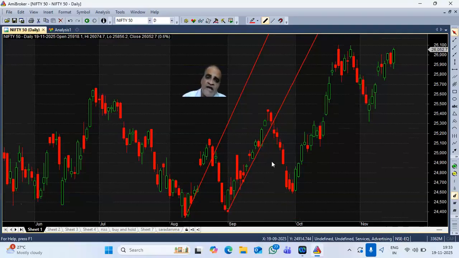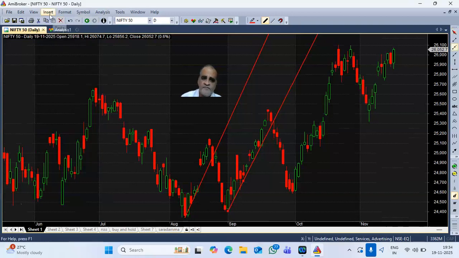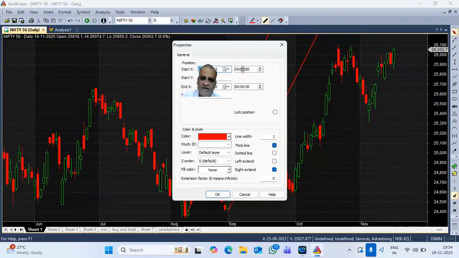So the next thing I do is when I get a top, I wait exactly 3 days. For 3 days the market went down. So I place a trend line again here on the 3. For the sake of convenience, I change the color to yellow, so it will be easy for us to identify, and I extend this to the right.